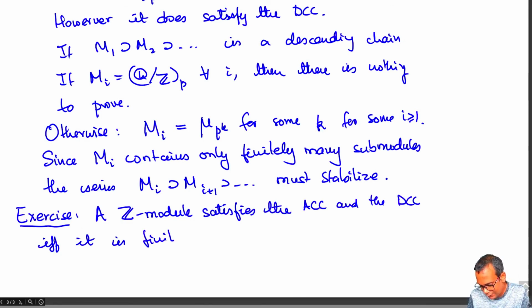Clearly, if it is finite, then it can have only finitely many submodules, and so it must satisfy the ACC and the DCC. The converse you need to think about why it's true. So if a Z module is infinite, then either the ACC or the DCC must fail.